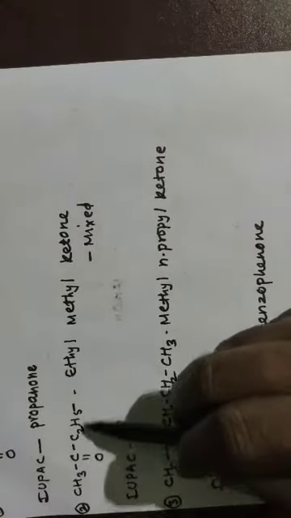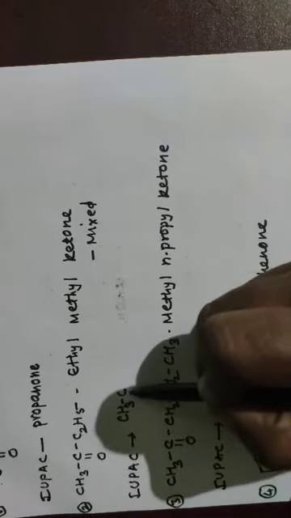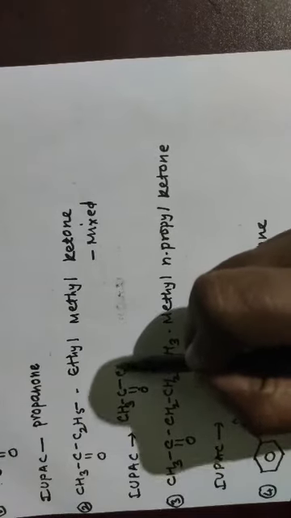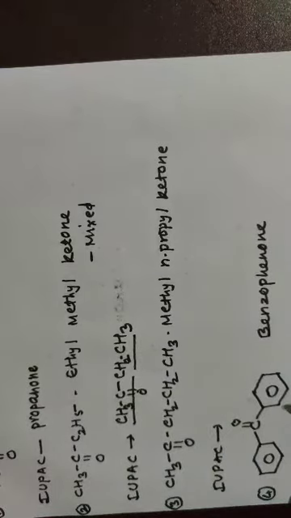We'll take one more compound, CH3, CO, C2H5. Here you split the C2H5 group, so it is CH3, then CO, and C2H5 I'll split as CH2, CH3. Now here you select the longest continuous chain. So this is your longest chain, 4 carbon atoms are there.